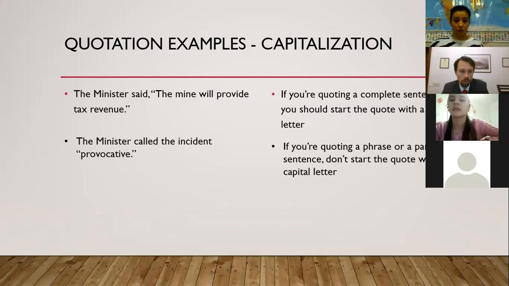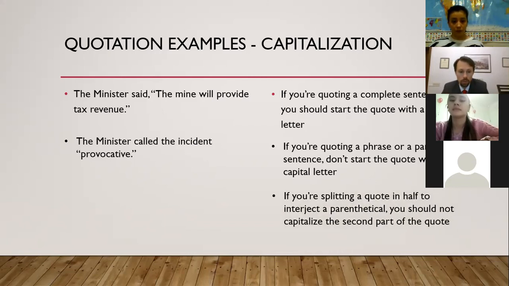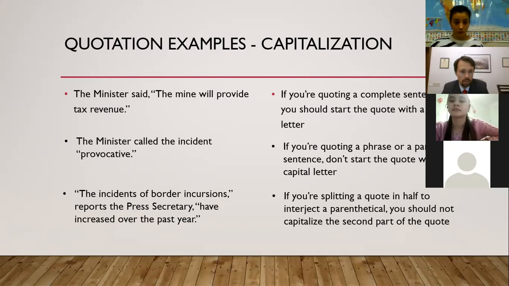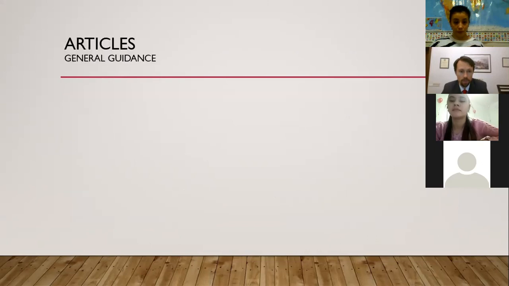It's just one word or a couple of words, lowercase. If you're splitting a quote in half, which gets complicated, you should not capitalize the second part. "The incidents of border incursions," reports the press secretary, "have increased over the past year." You see the first part starts with a capital letter, the second half lowercase.